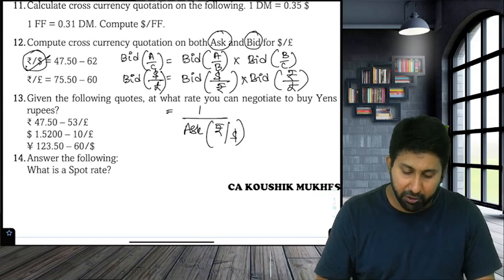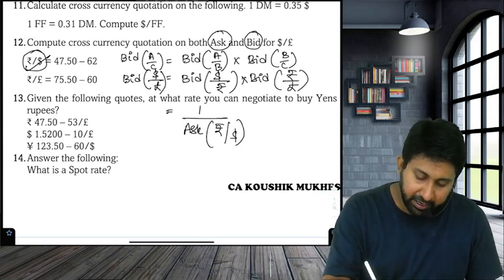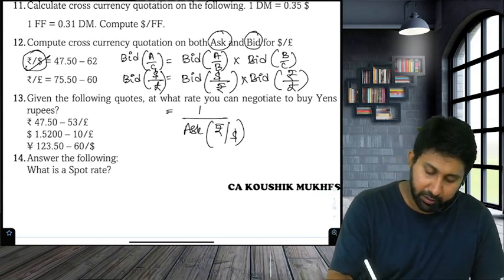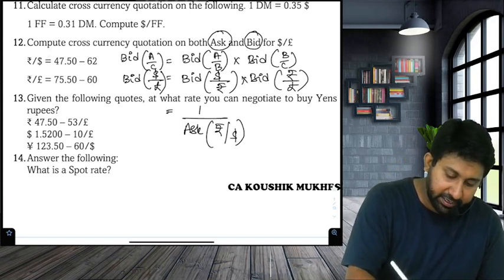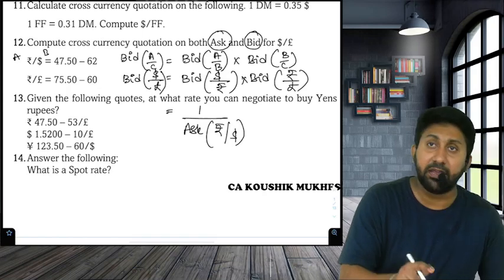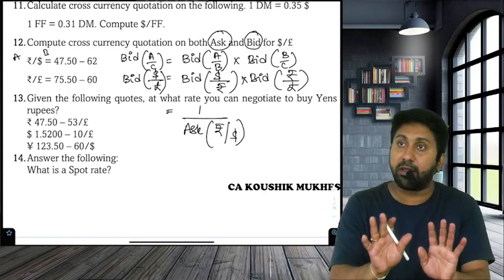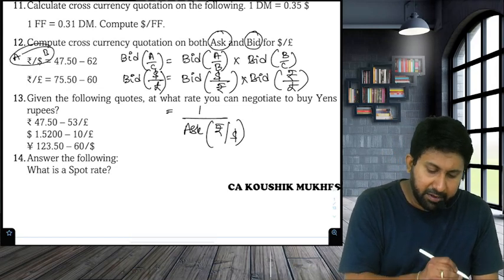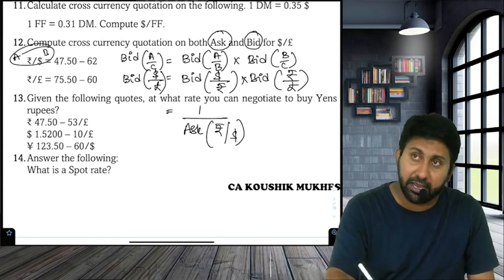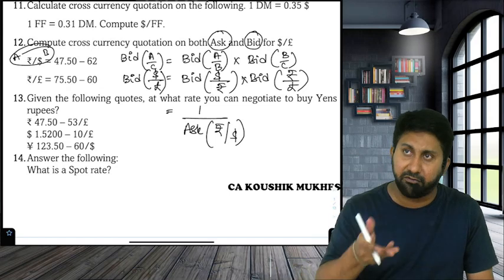Say for example, rupee is A, dollar is B. Normally I have A by B format, but I want B by A format. What to do? 1 by ask of A by B.